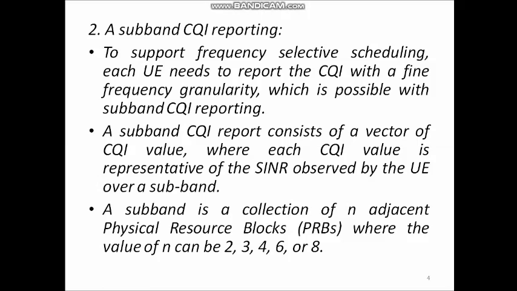But this supports frequency selective scheduling. And a subband is a collection of n adjacent physical resource blocks, where the value of n can be 2, 3, 4, 6 or 8. This value depends on the channel bandwidth and the CQI feedback mode.